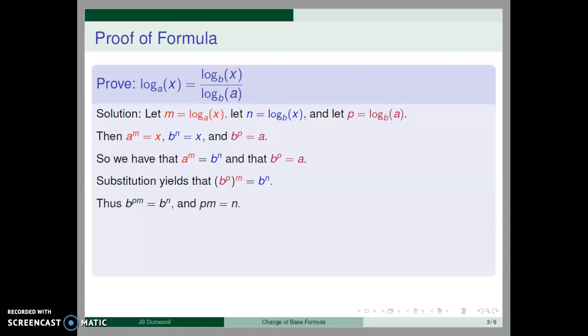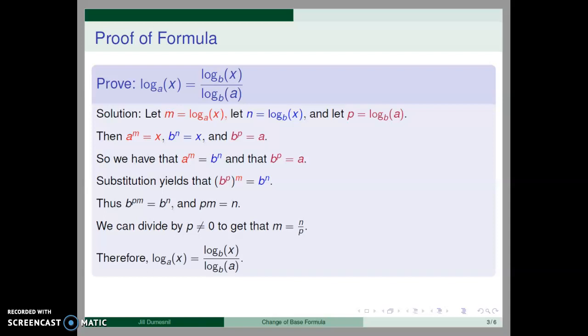And since we have equal bases, we know the exponents must be equal, so pm is equal to n. We can divide both sides by p, which we know is non-zero because a is not 1. And finally, substitute the original logarithmic expressions to get the desired formula.